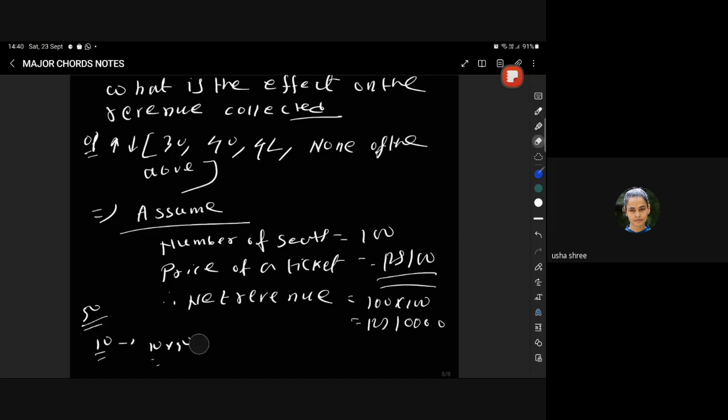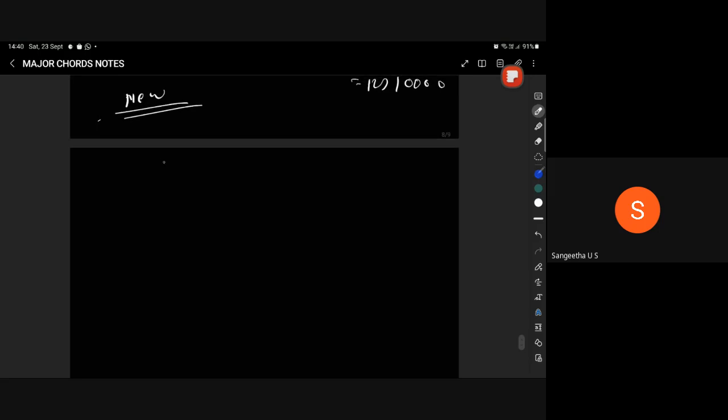Now, after increasing, the new seats: 100 was there, increases 25% of 100, so it is 125. Price of a ticket, how much?